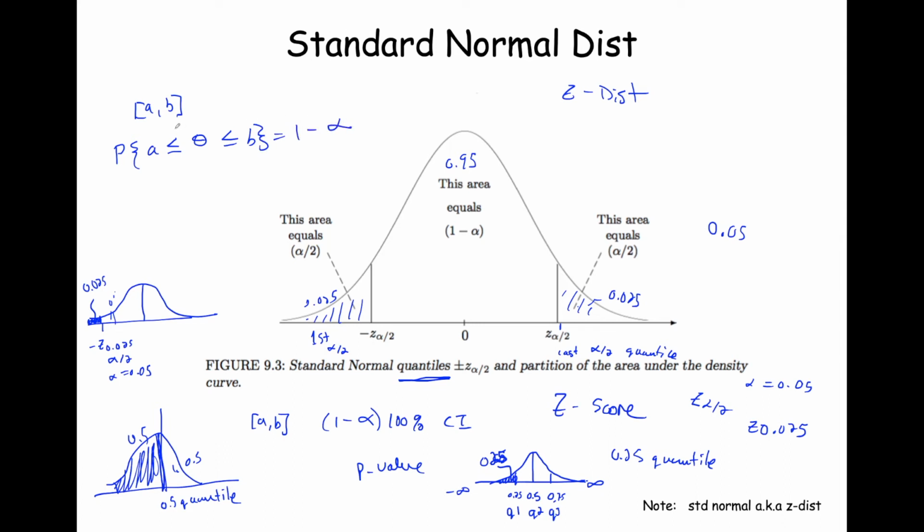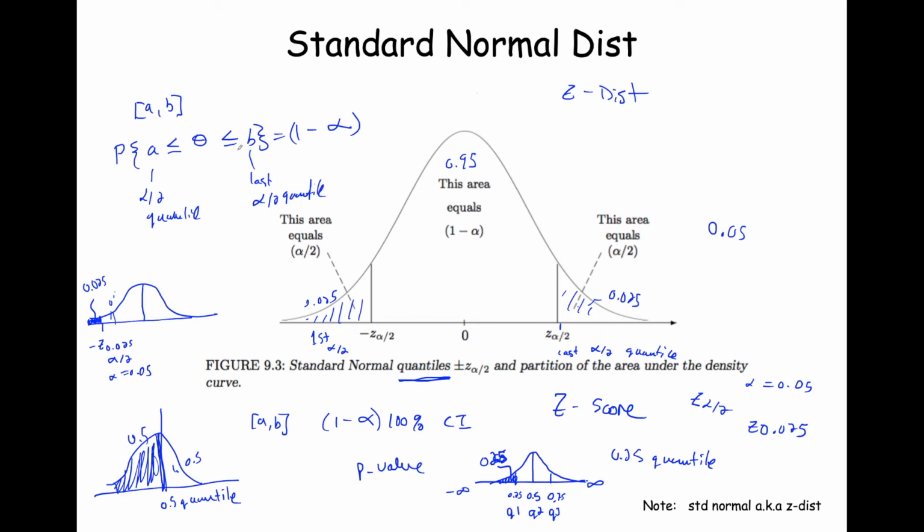So the confidence interval means this unknown ground truth parameter theta is covered by values within this region. And now we're taking the standard normal distribution, and talking about A as being an alpha over 2 quantile, and B being the last alpha over 2 quantile.